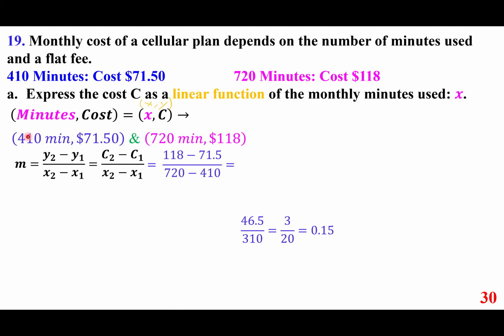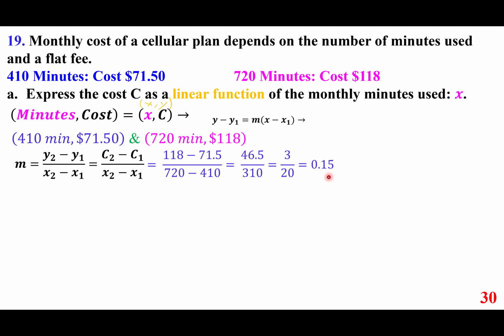And we do the math. We end up with 3 over 20 or 0.15. We can go with either the fractional format or a decimal. Both of them are exact in this case. Normally, we have y minus y1 equals m times x minus x sub 1. This is the point slope.